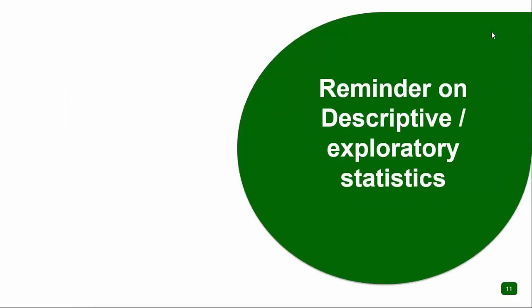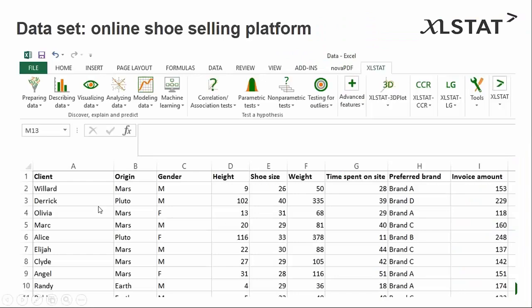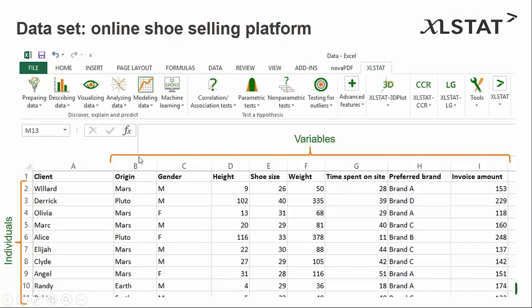Here's a small reminder on descriptive and exploratory statistics, so on the topics of the first 2 webinars of this season. We talked about this data set, so most of the webinar content was based on this data set, which is the client database from an online shoe selling platform. Here in rows you have individuals, different clients, who are described by several variables.